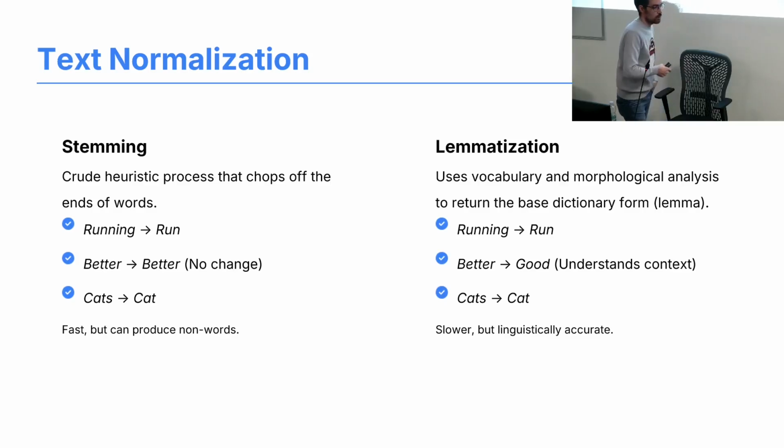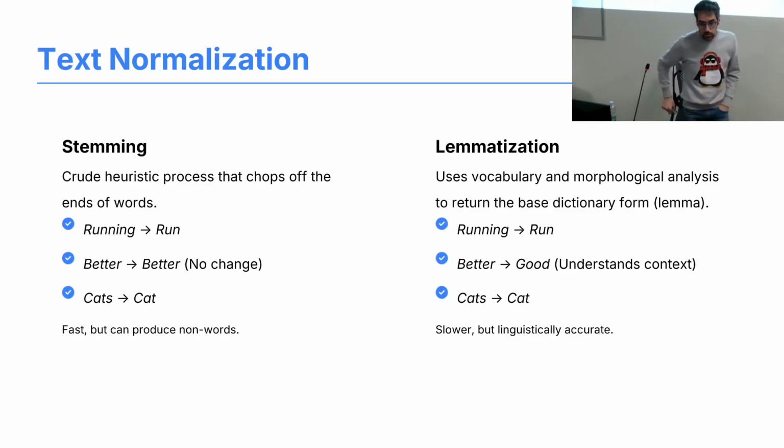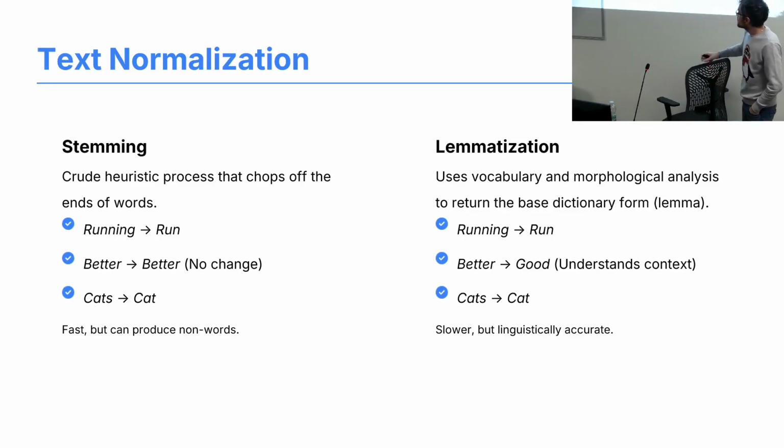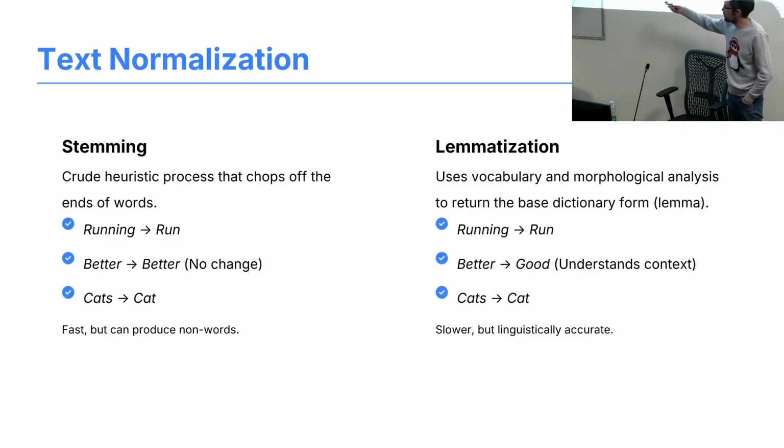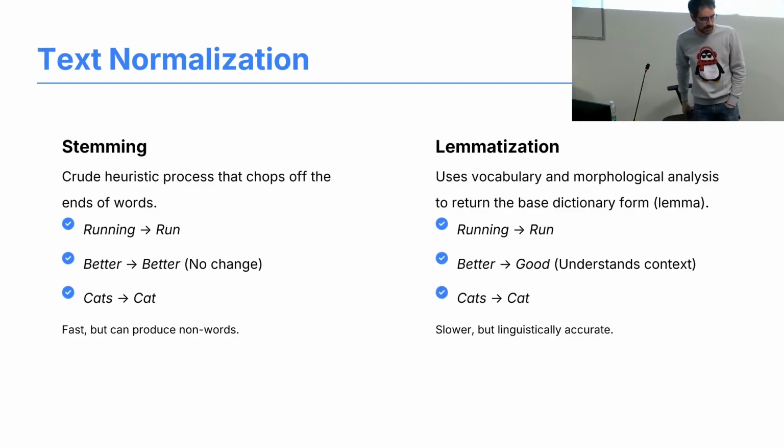You try to remove the declination of a word and only take the root if you want. This is very easy and fast to do. The problem is that you incur the risk of producing non-words. So if you cut, sometimes you can't keep the root being a meaningful word. Sometimes you need something else.